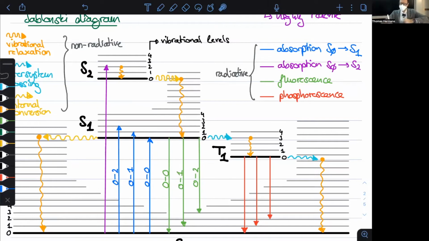So it doesn't matter if I hit this 0-0 transition or 0-1 or 0-2, whatever. It will always relax and then emit from here. So the emission spectrum in fluorescence is always constant. The shape depends on these energy levels, but it doesn't depend on where I'm absorbing. So in a typical experiment, you monitor the emission and you scan the excitation wavelength, which is the one where you absorb.